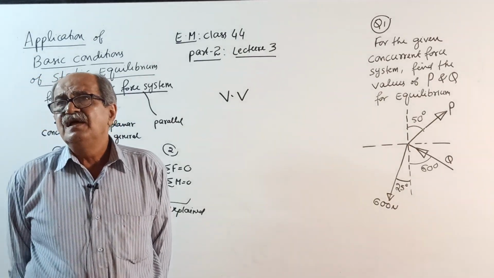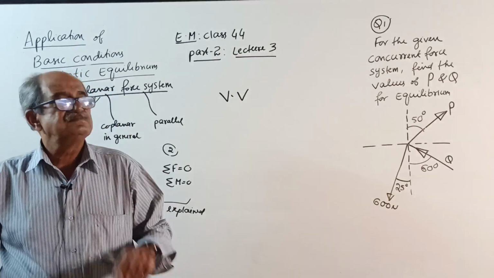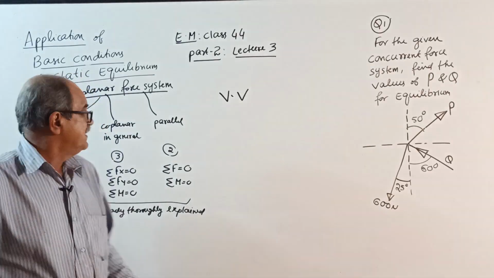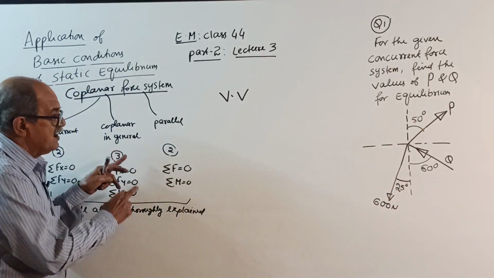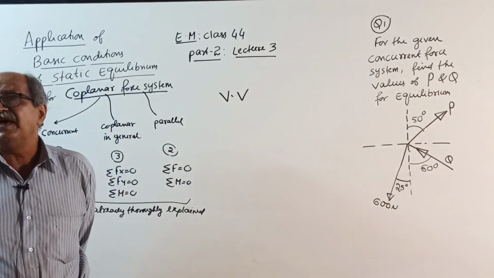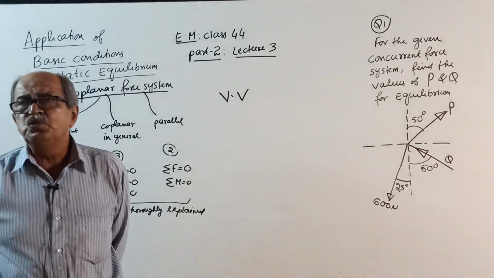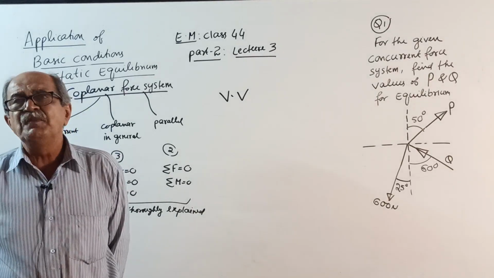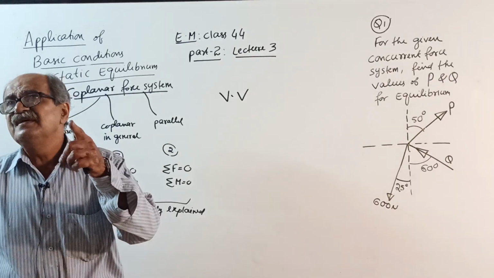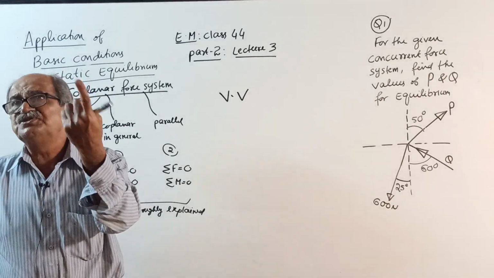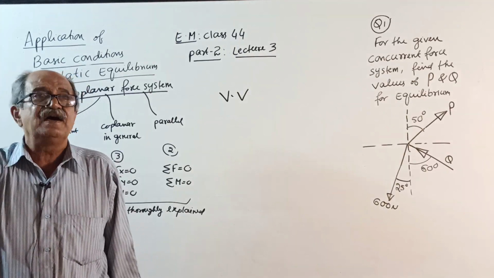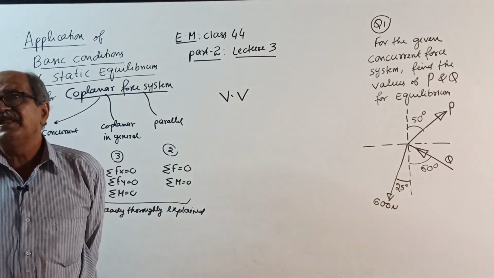Then the question is wrong. For example, for coplanar in general, 3 conditions are there, so there should be 3 unknowns. If only 2 unknowns are there, it becomes nonsense, unless the person who sets the question takes care of the other condition. That is a rare case.